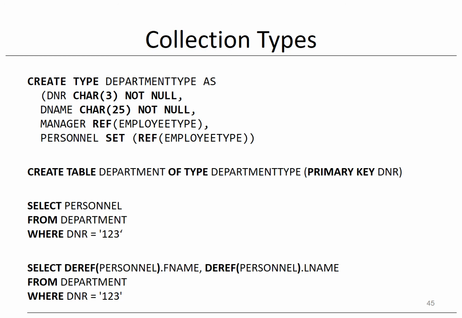Select deref personnel.fname, deref personnel.lname from department where department number equals 123. Note the use of the dot operator to navigate. In a classical RDBMS environment, this query had to be solved using a value-based join between the department and employee tables.